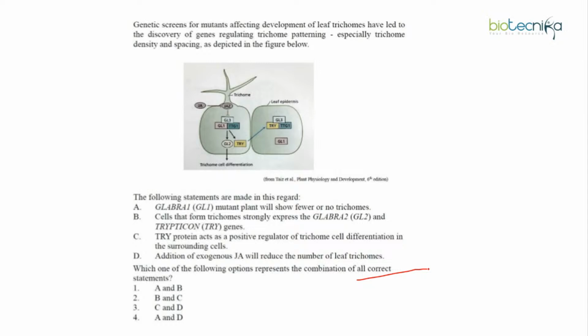Now, this is a question on which you can't make any guess on logic. Okay, this is something that you have to know. So basically, the primary genes which control this trichome development are your glabra 1, glabra 2, and your triptychon.